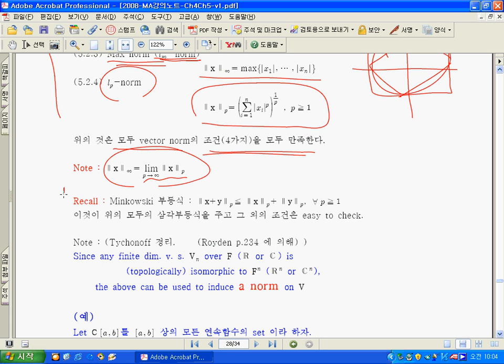And this is called the Minkowski inequality. This triangle inequality holds for any P bigger than or equal to 1. Okay, so the triangle inequality that you have seen is valid for any P norm. Okay?